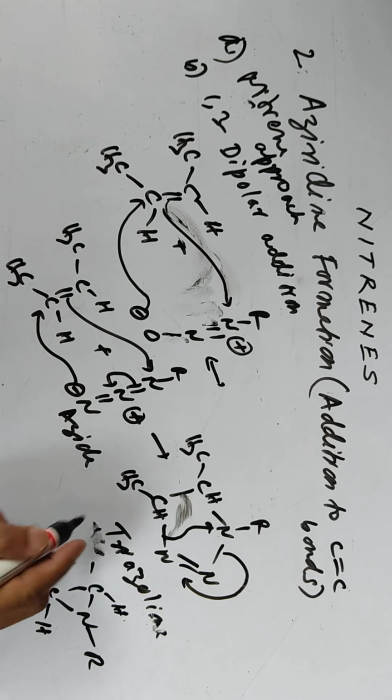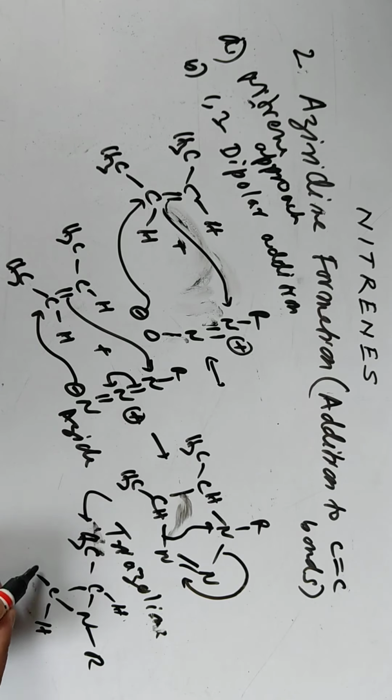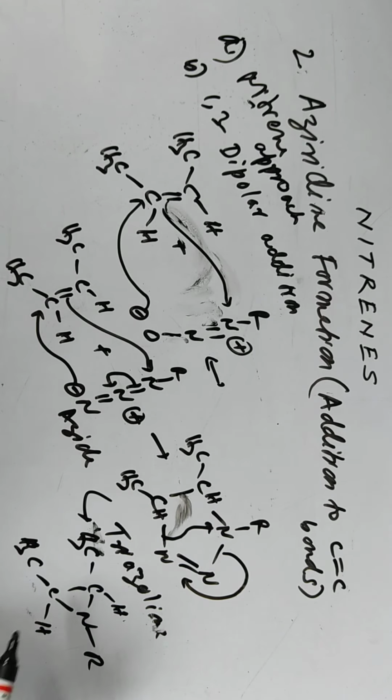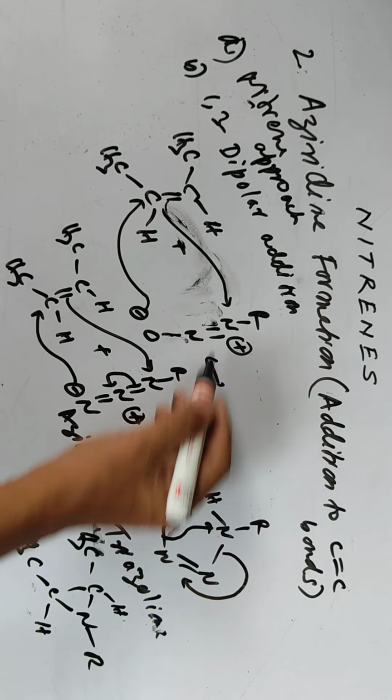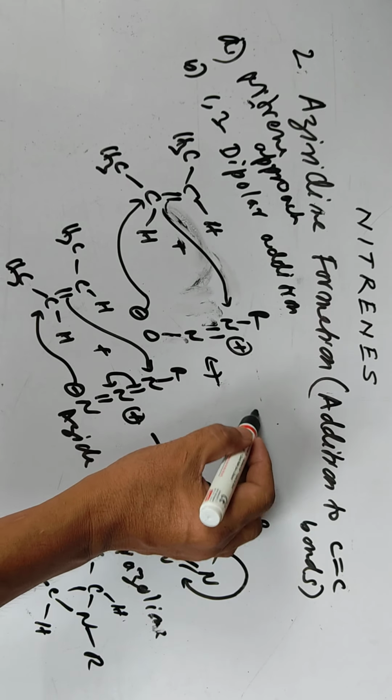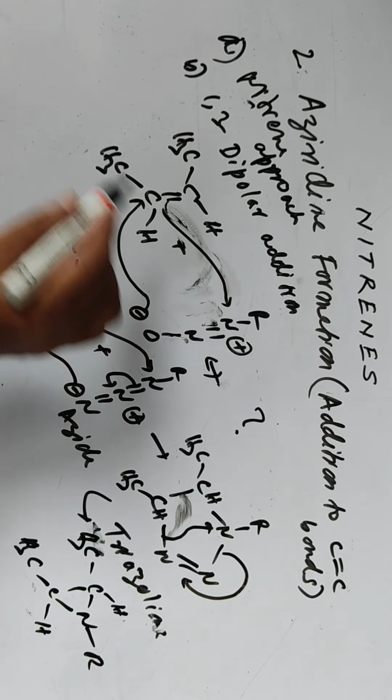So the CH3 aziridine is formed. Azide reacts with cis-2-butene to give this cis aziridine compound. Of course, you can write this similarly the other way, but mostly azirines are not formed. You can write the mechanism, but it is not formed.